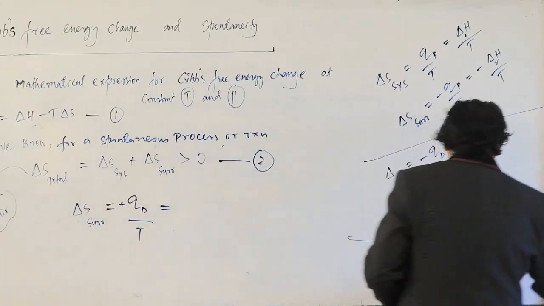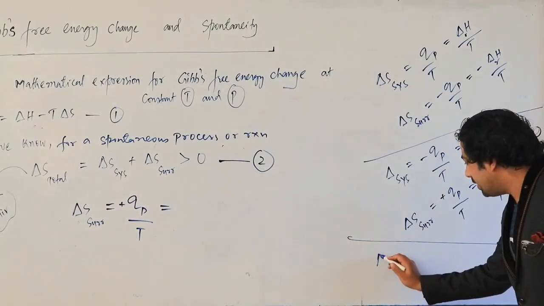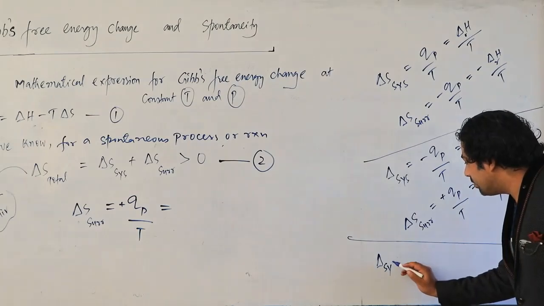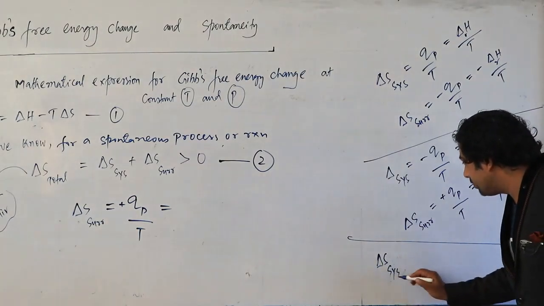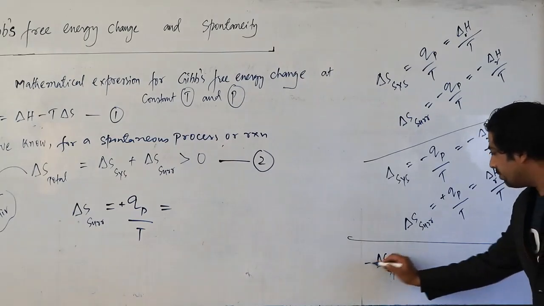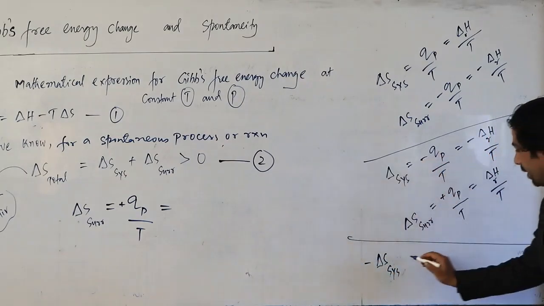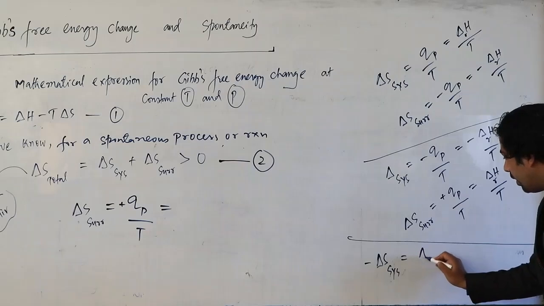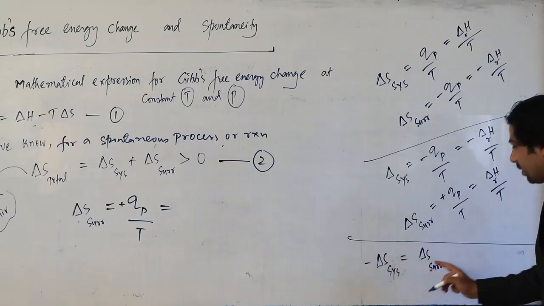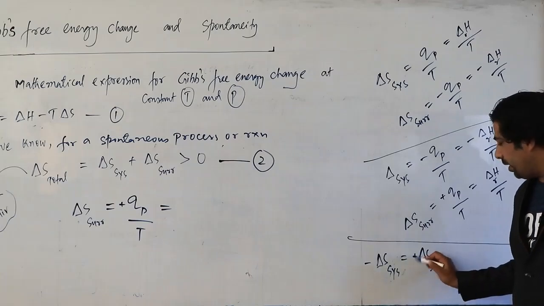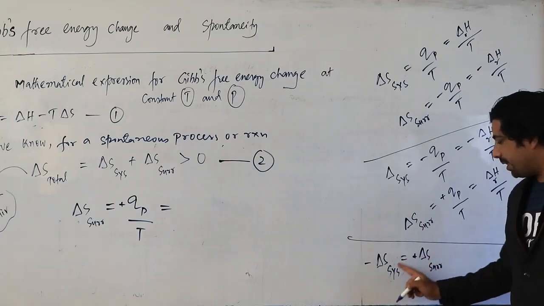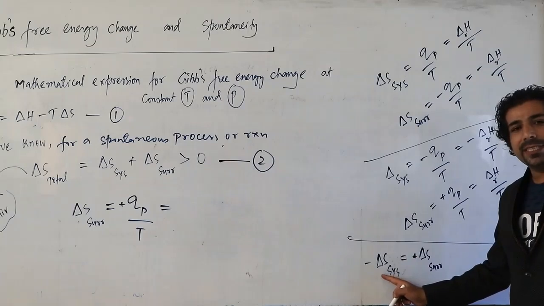I can tell you like this. Delta S system, the entropy of the system, that is minus here, is equal to the entropy of the surroundings, but their value will be the same. Yes, here the entropy will increase and here the entropy will decrease, my dear friends.